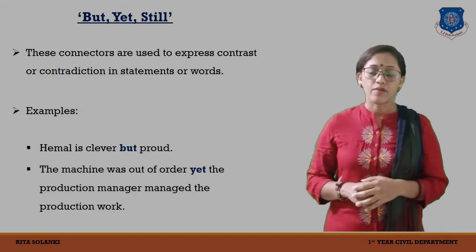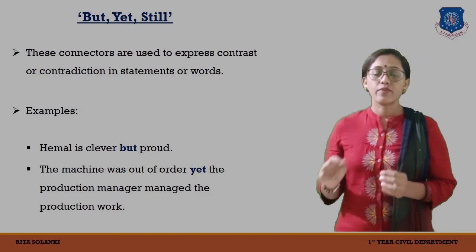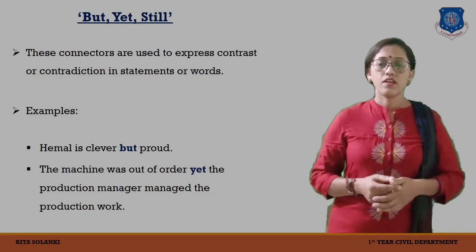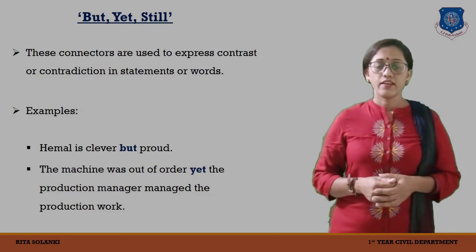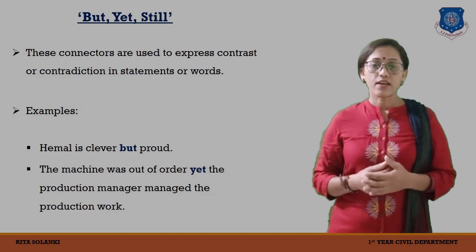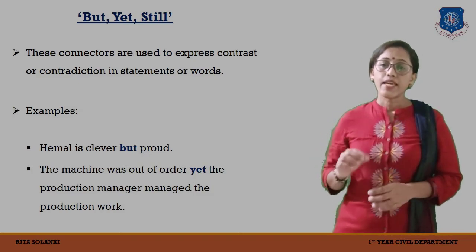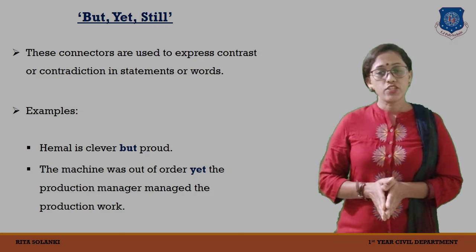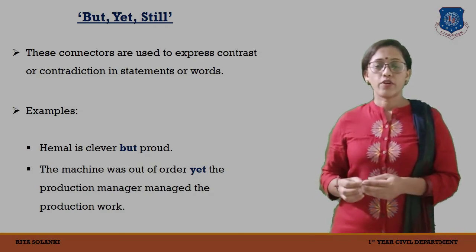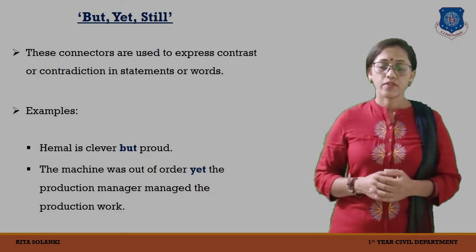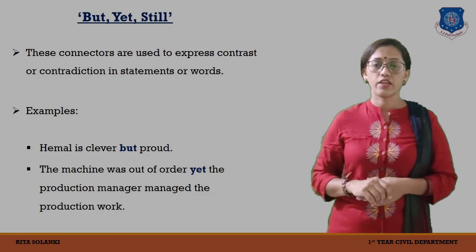For example, Hemal is clever but proud. Next sentence we can take, the machine was out of order, yet the production manager managed the production work. Yes, so contradiction is given here.